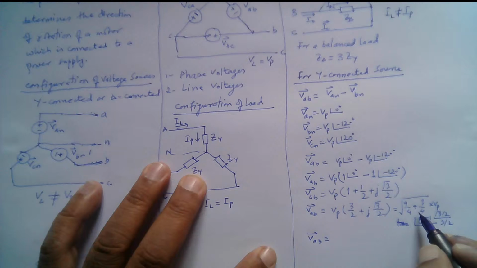So square root 3 VP, and tan inverse of under root 3 over 2 over 3 over 2, the 2 cancels out, and we are left with tan inverse 1 over under root 3, that is 30 degrees. So this is the value of VAB, the line voltage in terms of the phase voltage, right? We see that the line voltage leads the corresponding phase voltage by 30 degrees.